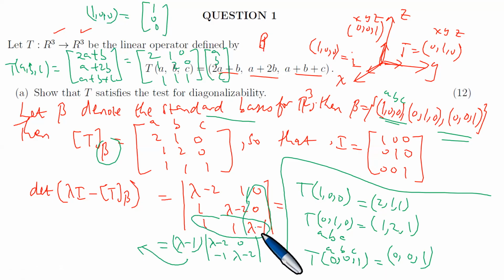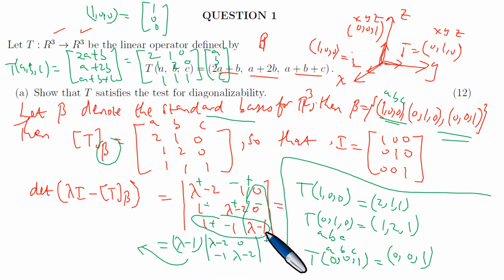If you expand along this column here, you will have only this one, because the signs go positive, negative, positive, negative, positive, negative. This one is negative, positive, negative, positive.